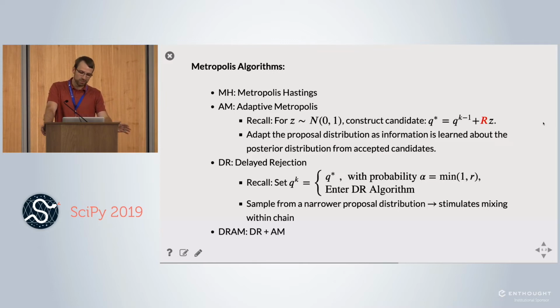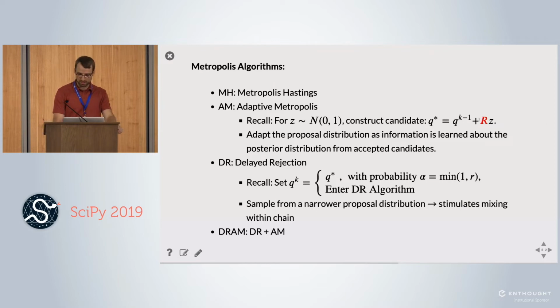And then the other feature that we like is what's called delayed rejection. So instead of outright rejecting a candidate in the standard Metropolis step, when we reach the rejection point, we instead enter this delayed rejection algorithm, where essentially we go back to the candidate stage and sample from a narrower proposal distribution.